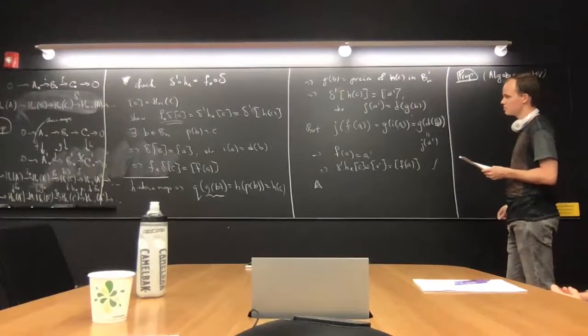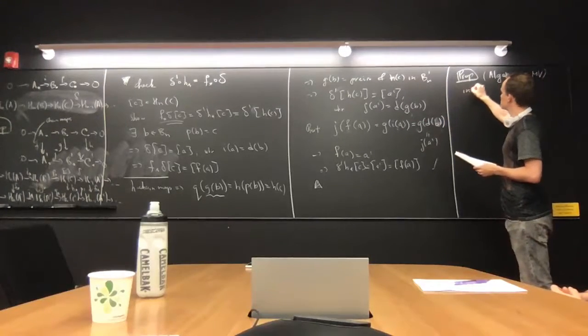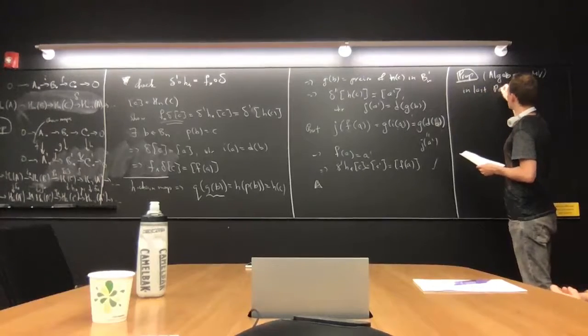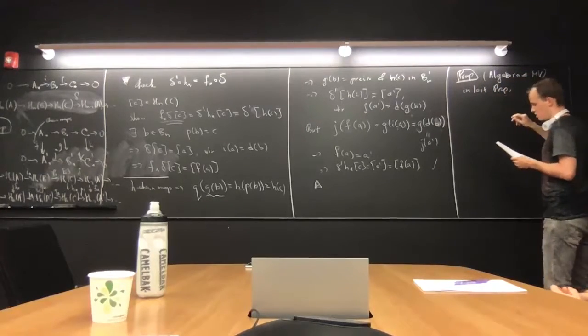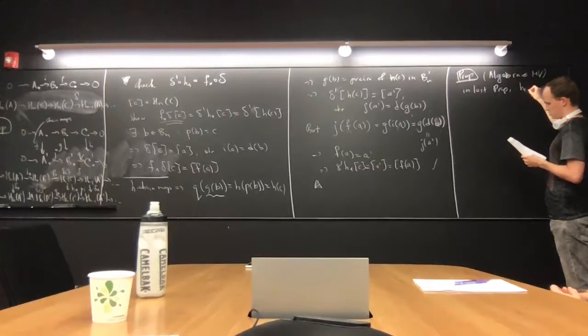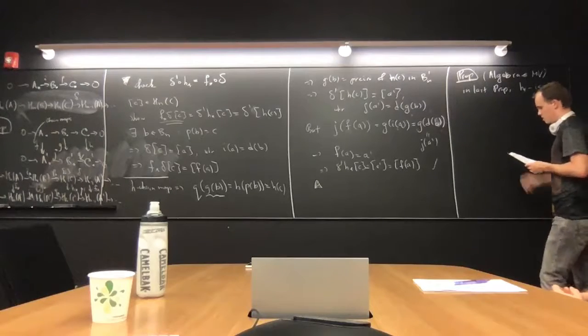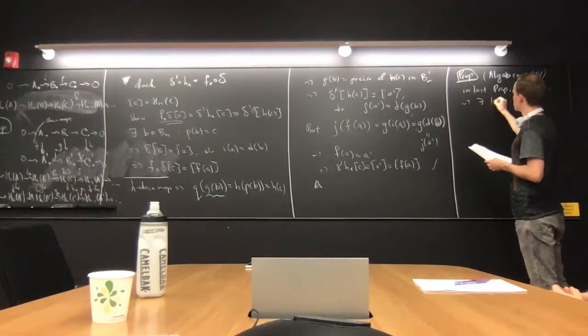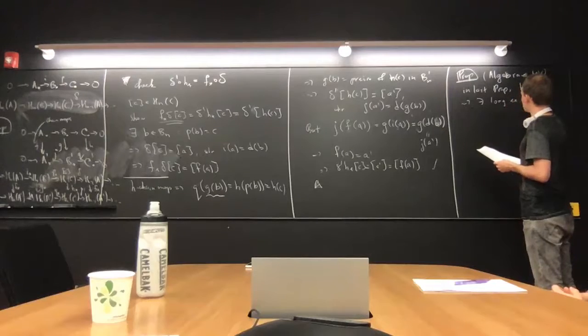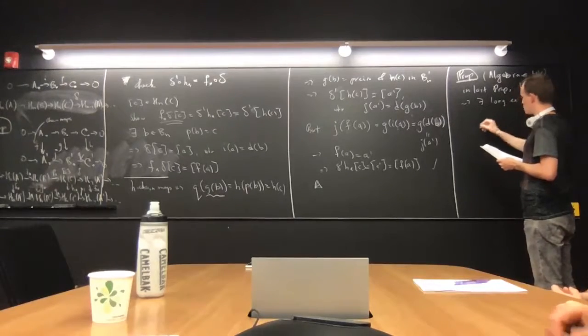Just look at that theorem and set, so in the last proposition, let's say H star is also an isomorphism in homology. Then there's a long exact sequence like this.